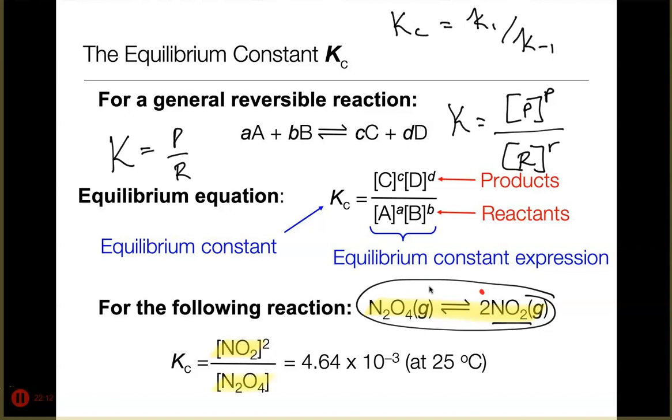My reactants go on the bottom, right? My reactant is N2O4. For this one, it's balanced, the coefficient is 1. You can omit the 1 when you put it in the mass action equation or the equilibrium expression. So you can pull this directly from the balanced chemical reaction. This is going to need to be pulled from experimental data, which we'll talk a little bit more about.